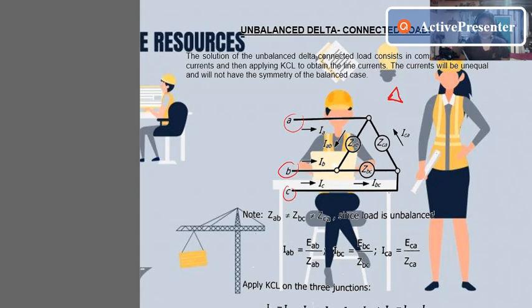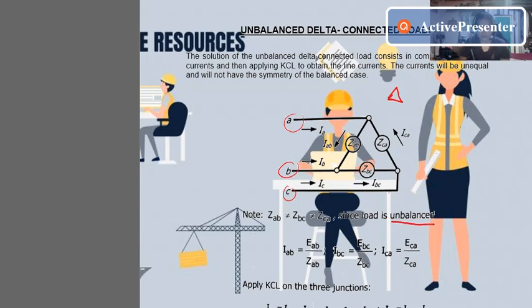In our delta, we have loads which are ZAB, ZBC and ZCA. In those loads, there are currents: from A to B, B to C, and C to A. Take note that ZAB is not equal to ZBC and ZCA since the load is unbalanced.